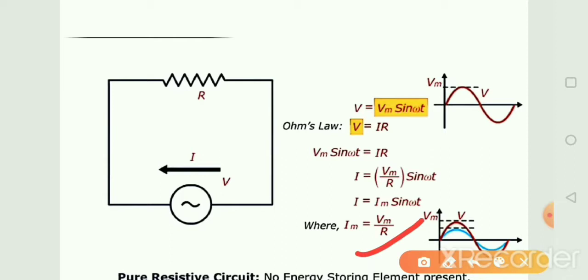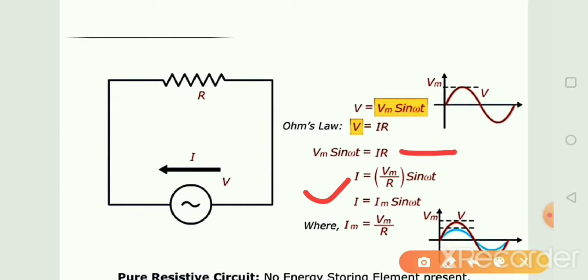If we supply this voltage in this circuit and current flows through the circuit, the supply voltage is Vm sin omega t, and by Ohm's law V equals I into R. So if we put the value of V here, it becomes Vm sin omega t equals I into R, and then calculating I, it is Vm over R into sin omega t, and by Ohm's law I equals V over R.